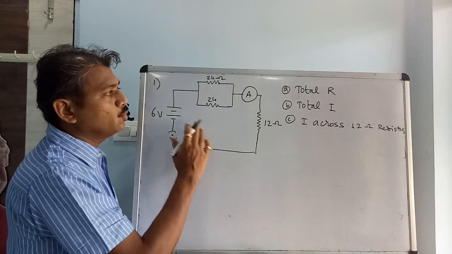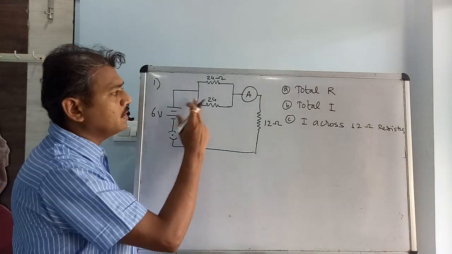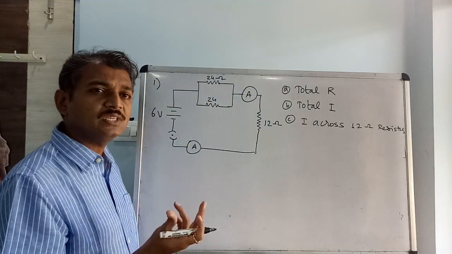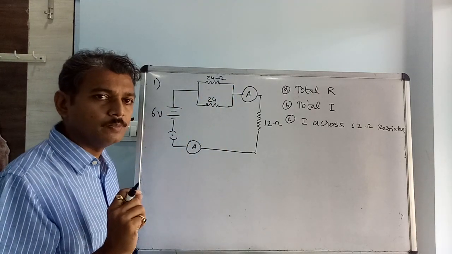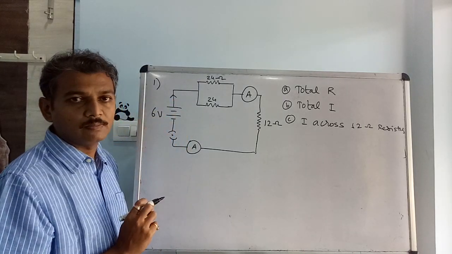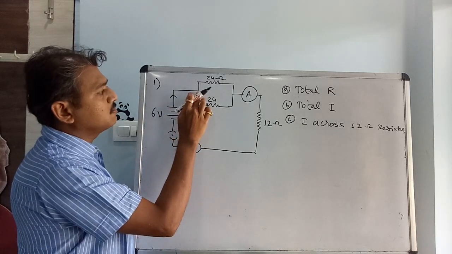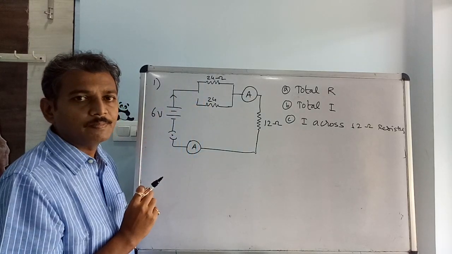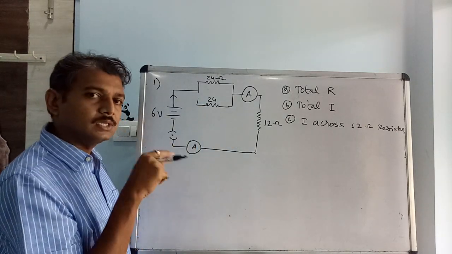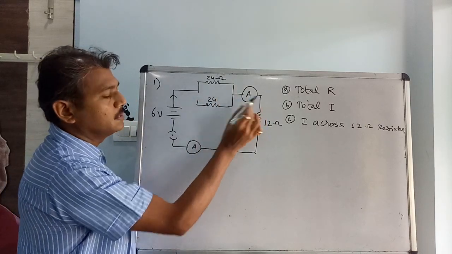First of all, total resistance is asked. So you can see these two resistances are in parallel. How to decide that? I told you a very simple clue. You have to see how the current is flowing. If the current is flowing from this and this wire is broken, the current will not flow this side, but the circuit is still complete because the current can flow from the other side.